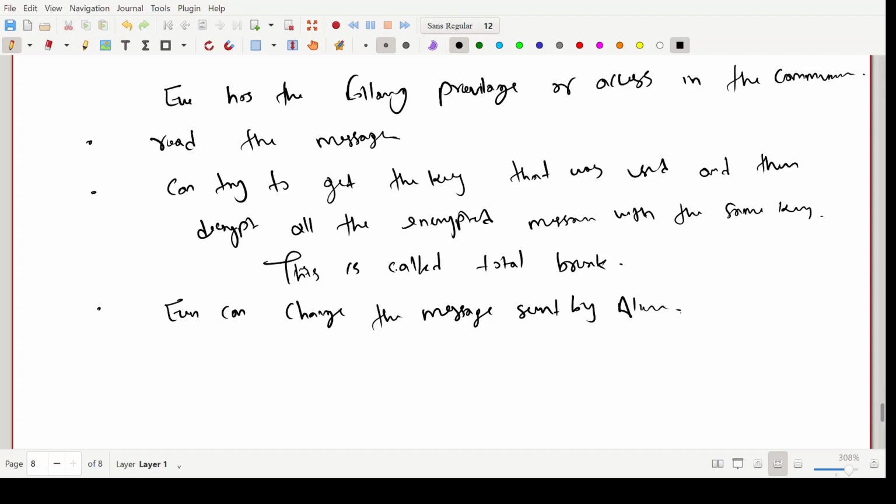This is called a modification attack, or attack on data integrity.